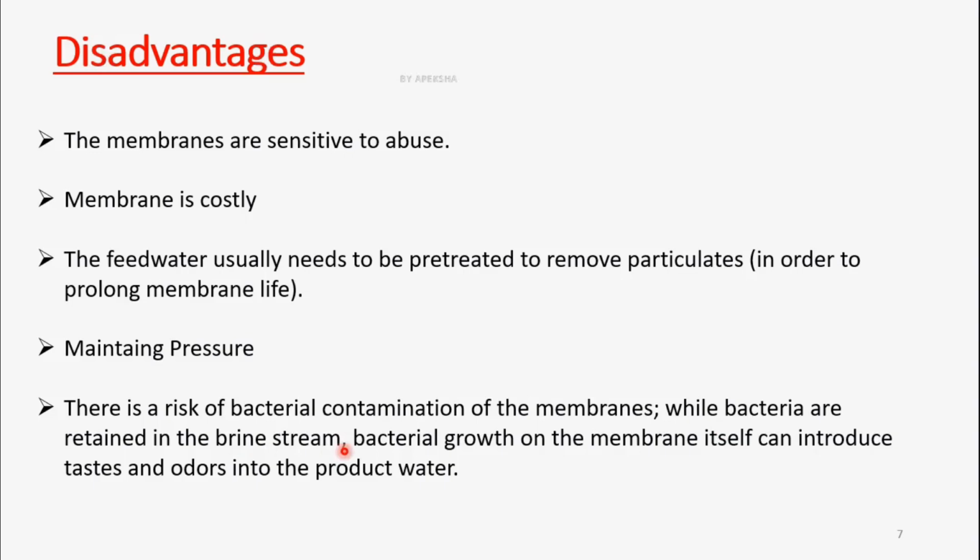Okay, तो बैक्टीरिया जो भी रहेगा मेम्ब्रेन से रिमूव तो easily filter हो जाते हैं but वो retain रहते हैं membrane के ऊपर. And so there are chances of growth of the bacteria and therefore the taste and odor can be changed. Okay, that depends on what type of water you have.